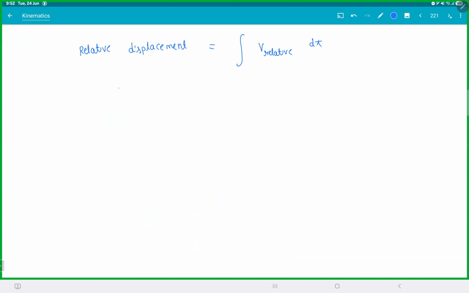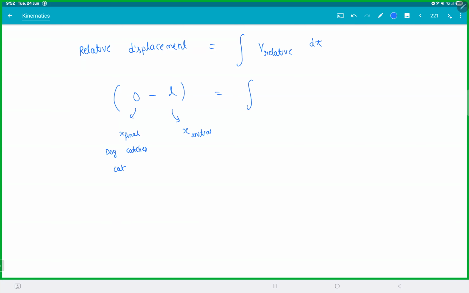Final minus initial, which is 0 minus L. Because when the dog catches the cat, your x final is 0, and this is your x initial. So they both are meeting at the same place. So x final is 0.